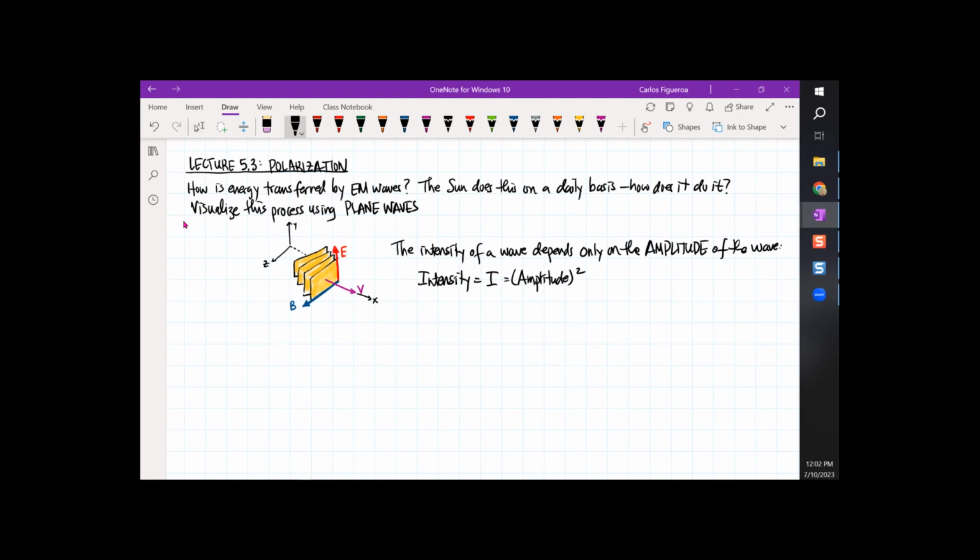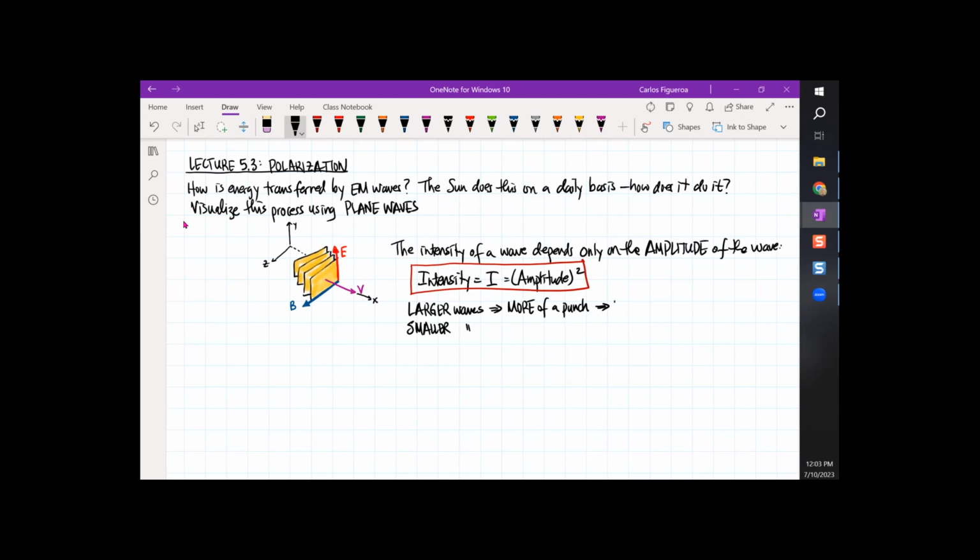This makes complete sense, because you could imagine larger waves versus smaller waves: larger waves have more of a punch, right?